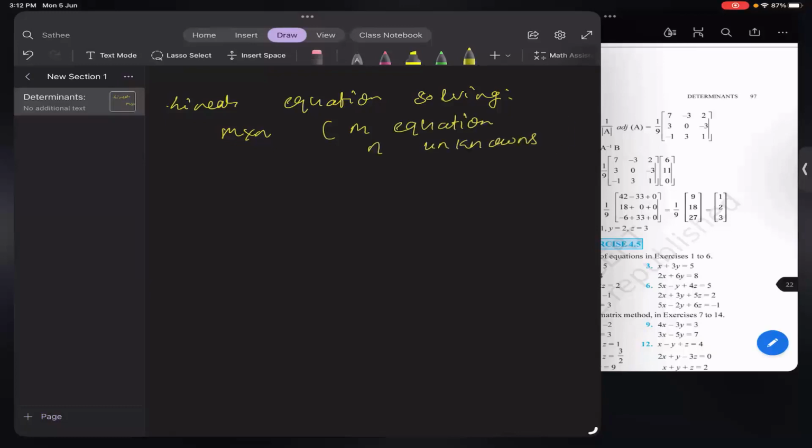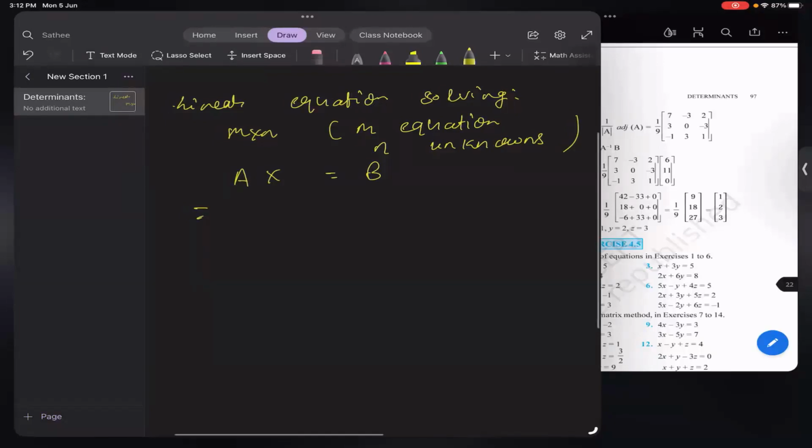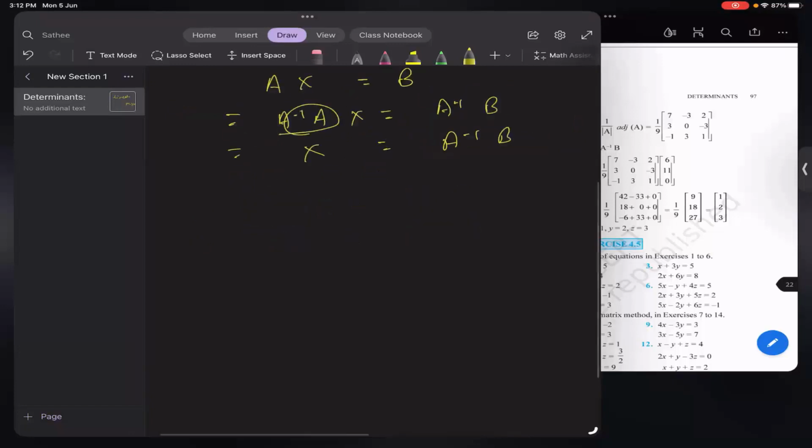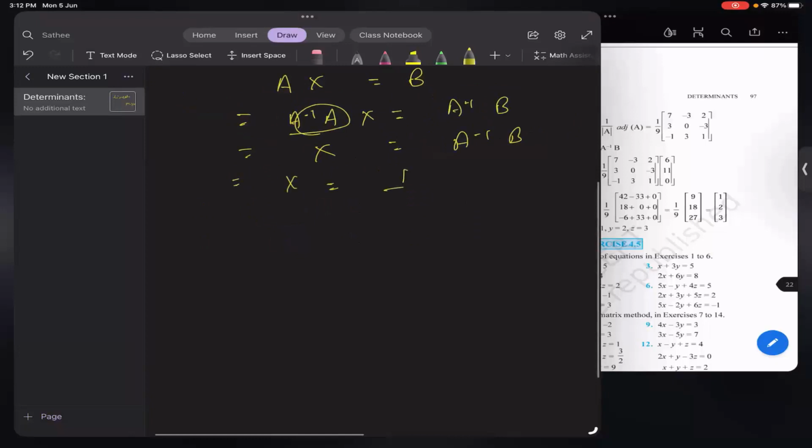We saw that we can represent the system in the form AX = B, and then solve it by multiplying with A inverse on both sides, so A inverse A X equals A inverse B. This becomes identity, so X equals A inverse B, which equals 1 by determinant of A times adjoint of A times B.